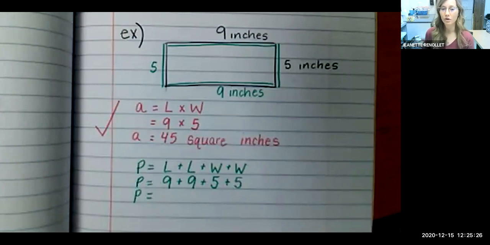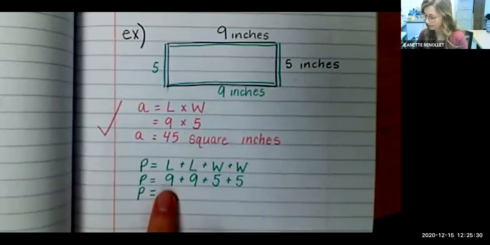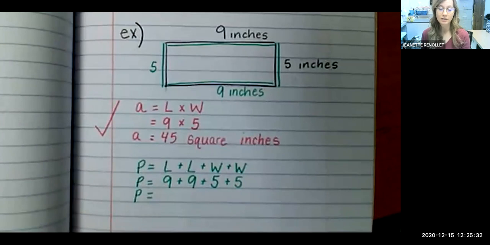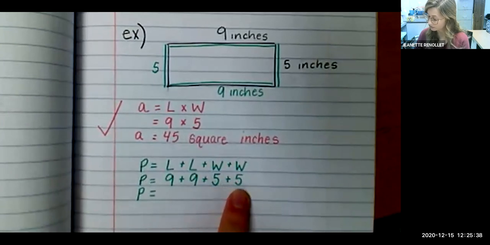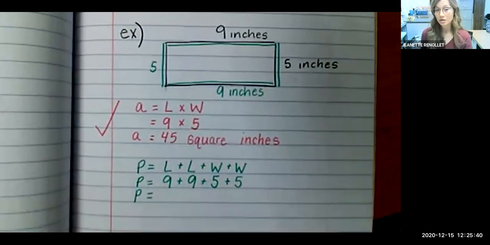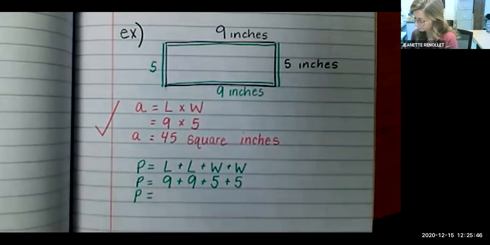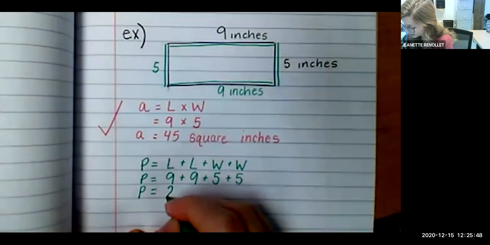When we add all of the lengths together, I know that 9 plus 9 is 18. That's a fact that I have memorized. I know that 5 plus 5 is 10. So 18 plus 1 more 10 would be 28. So the perimeter is 28.